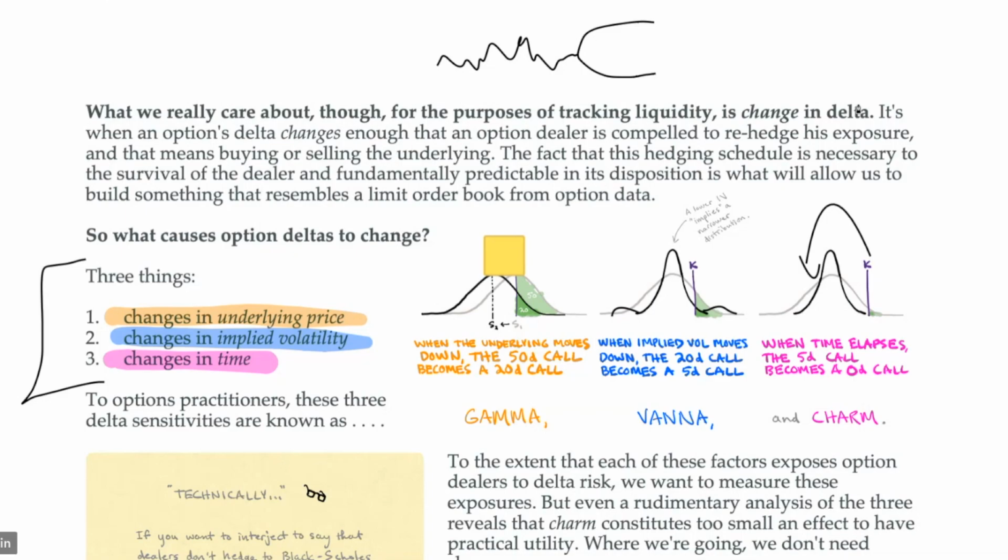But each has a different trigger. Time is a little bit slower. The implied vol is essentially going to widen the distribution or shrink it. And the gamma is going to be based solely on spot. So depending on what type of trading you're doing, you have to know what the trigger is going to be.